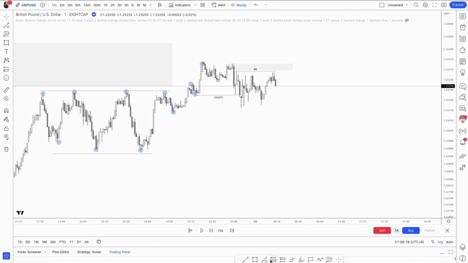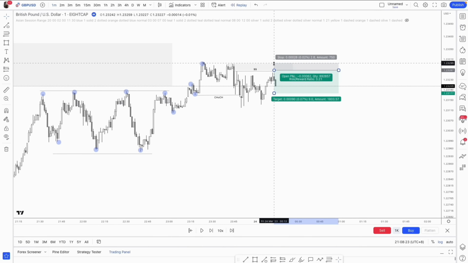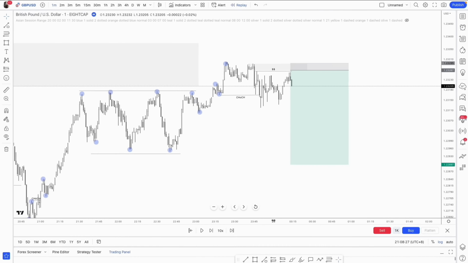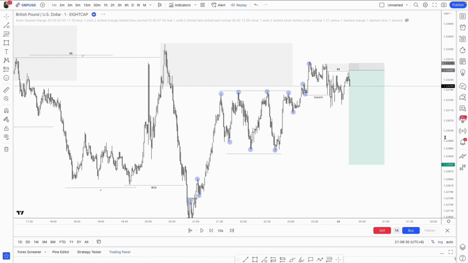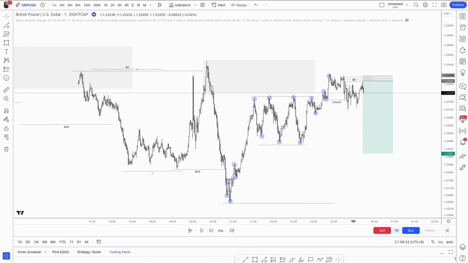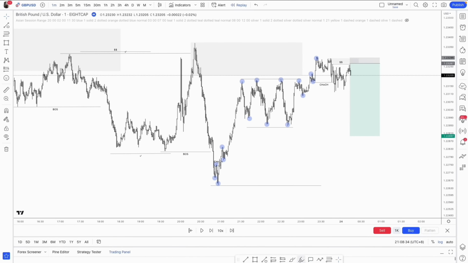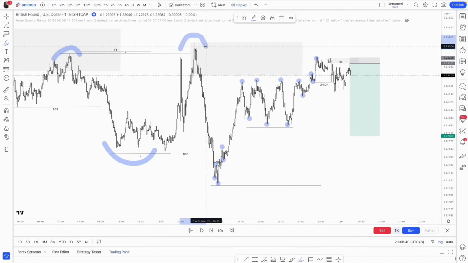Okay, so now we know that this right here is our supply zone that we're going to take our trade from. Where are we going to take our take profit to? Well, let's just zoom out and take a look at what the external swing points look like. You can see that price was low, lower low, higher high, lower low.